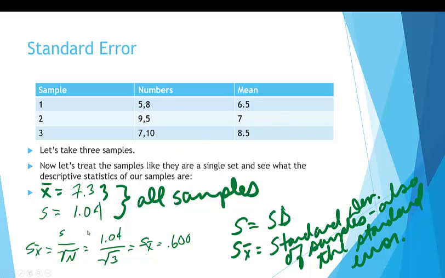So we just plugged those numbers in. 1.04 divided by the square root of 3 equals a standard error of 0.600. And so S is our standard deviation. S subscript x bar is our standard deviation of all samples, also called our standard error.